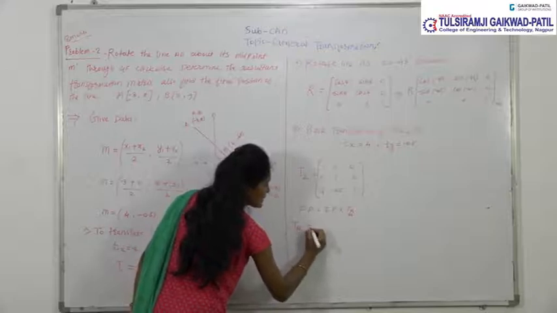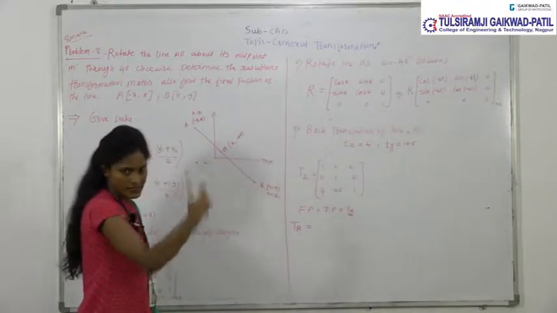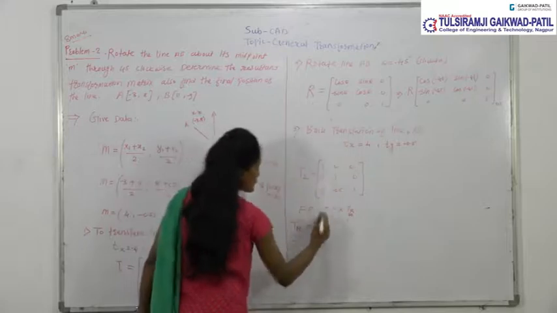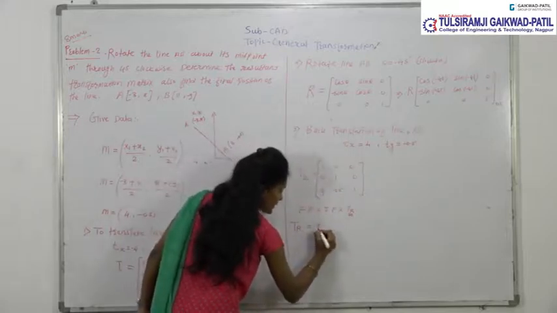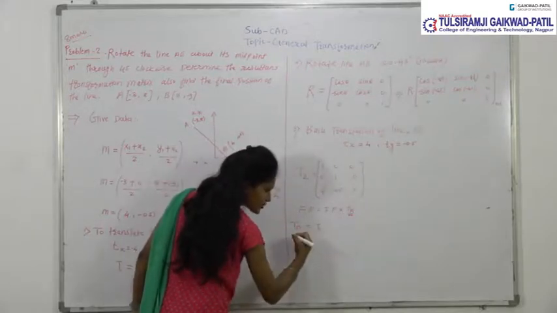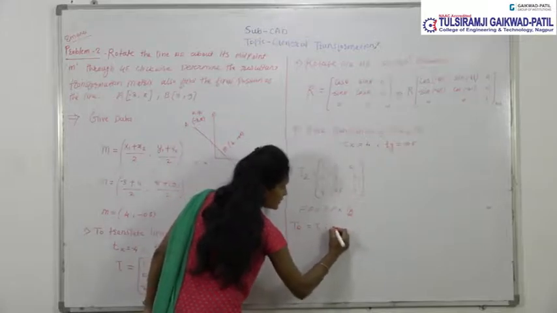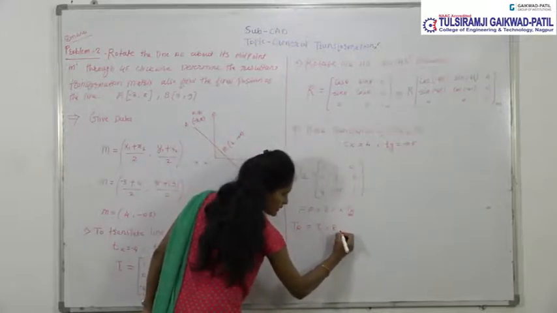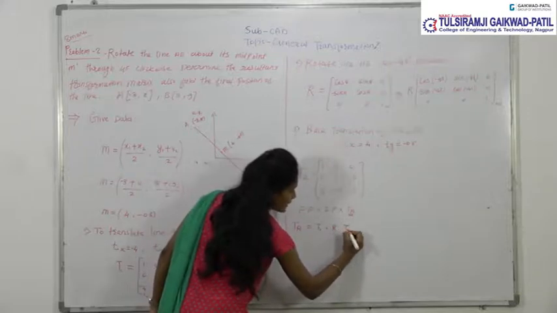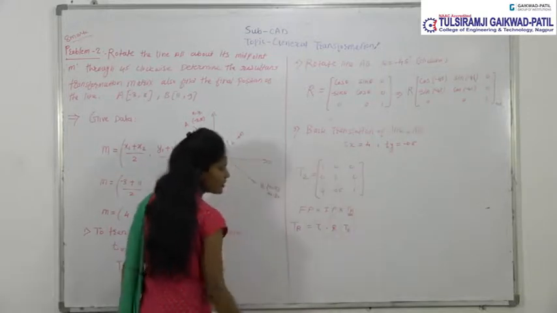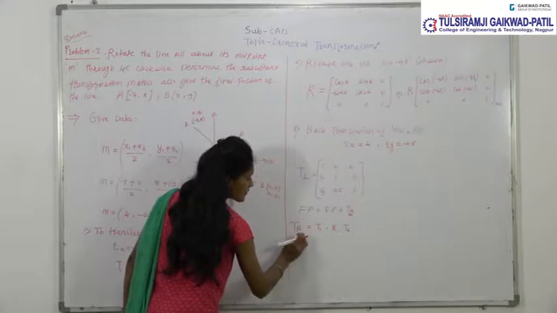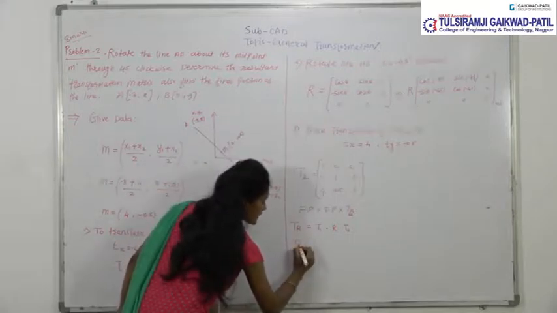It is the multiplication of all the matrices. So we have a total of 3 matrices. First we did translation towards origin, then we did rotation about the midpoint, then we did back translation. So this is the total resultant matrix. So put all the matrices here.